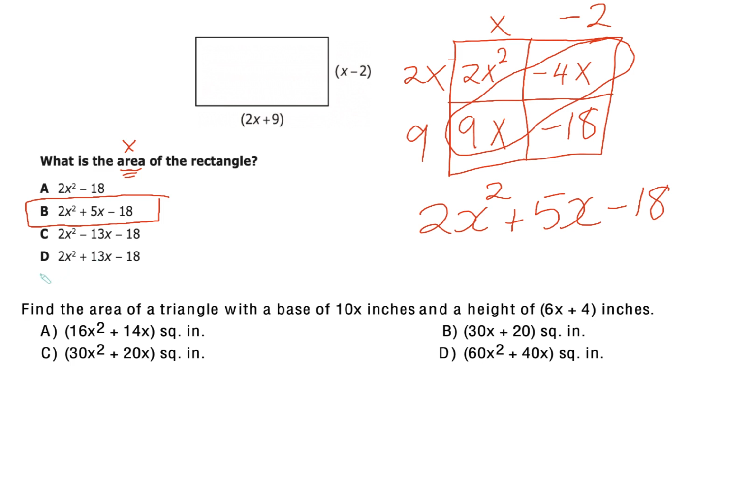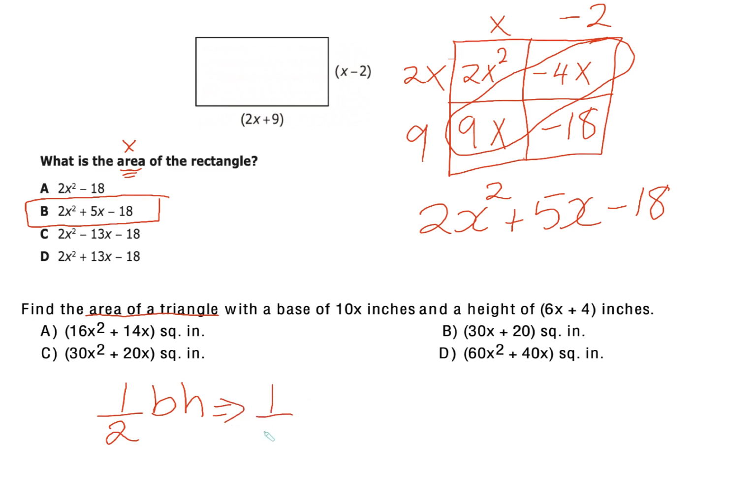The last one, find the area of a triangle with a base of 10x inches and a height of 6x plus 4 inches. Now if you want to find the area of a triangle, it is half times your base times your height.